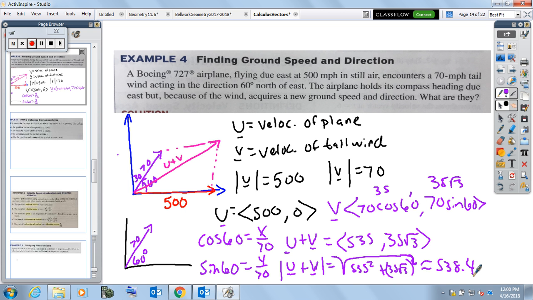It said and direction. So what is the new angle being created here? Well, let's think about this for a sec. If I have my new creation of u plus v, my resultant vector, how can I go about finding our new directional angle?